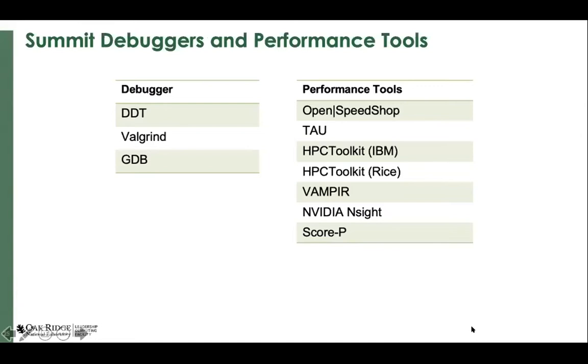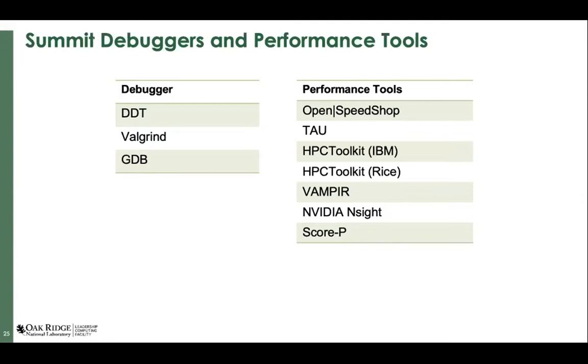So, the current debuggers and performance tools on Summit. The main ones for debugging are DDT, Valgrind, and GDB, of course. DDT is ARM DDT, an advanced debugging tool used for scalar, multi-threaded, and large-scale parallel applications.